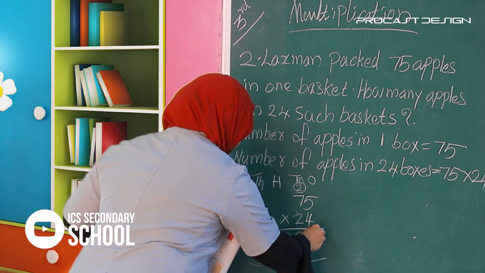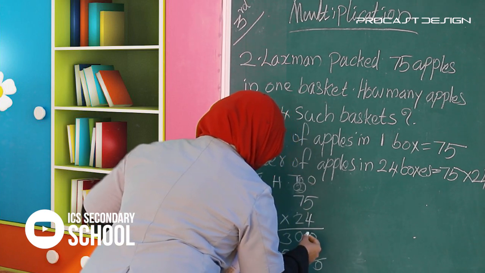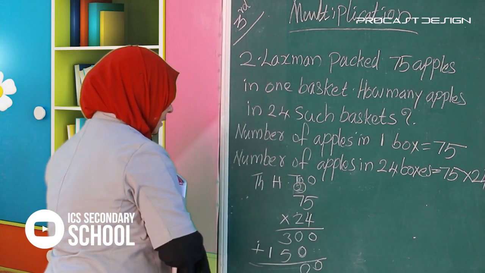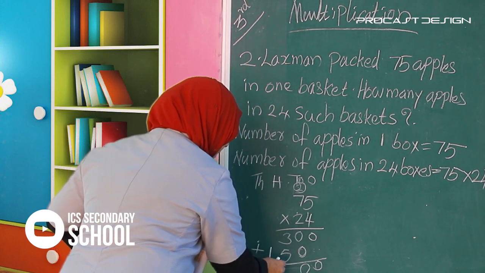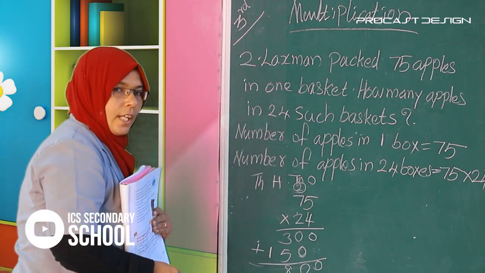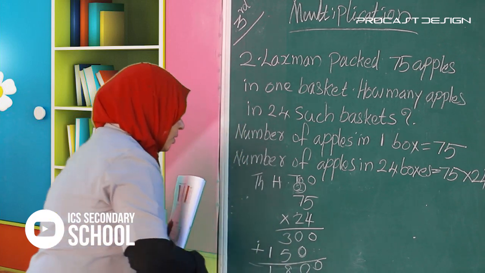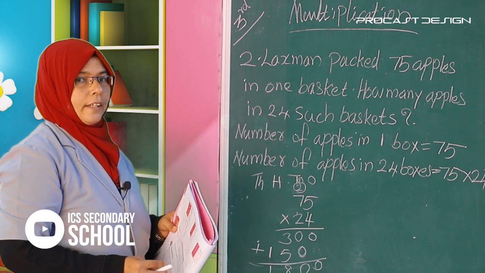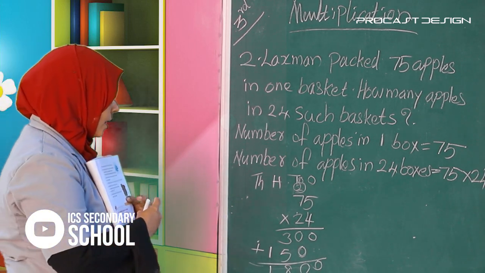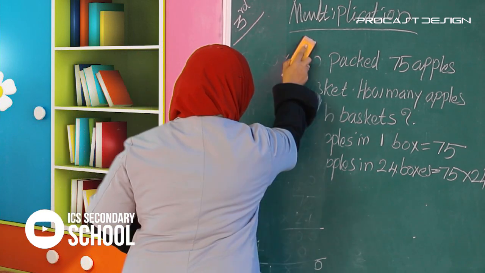Listen. 0, 0, 0. We add these two numbers. 5 plus 3 equals 8. Next, 1800. Okay, 1800. All of you write it in your notebook.